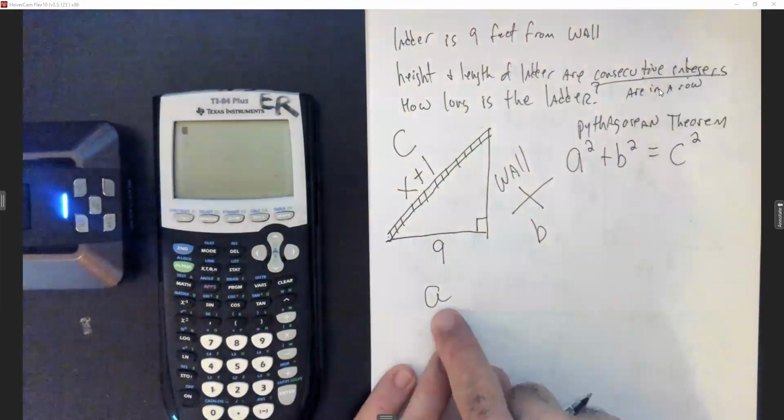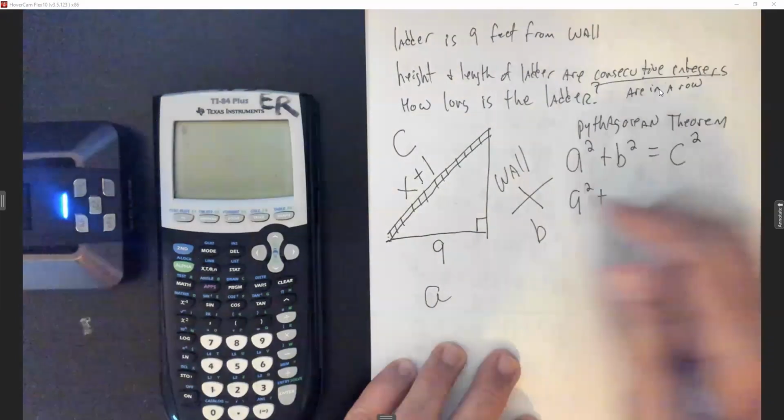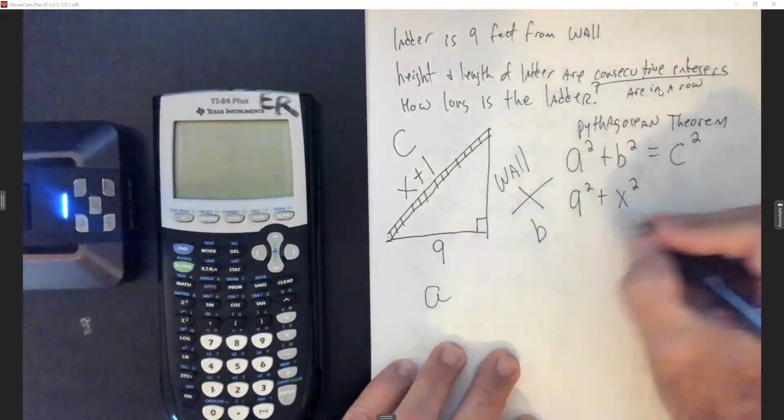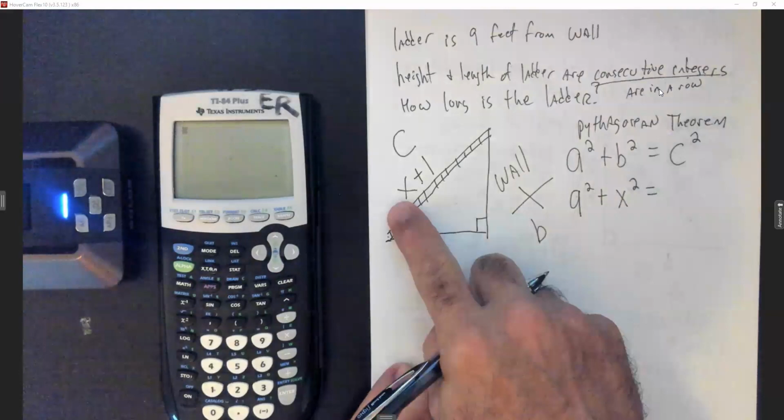A was 9, so 9 squared. B was x, so that gives me x squared. So 9 squared plus x squared will equal x plus 1 squared.